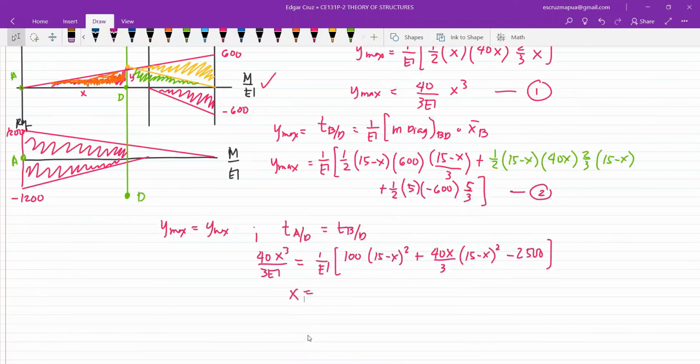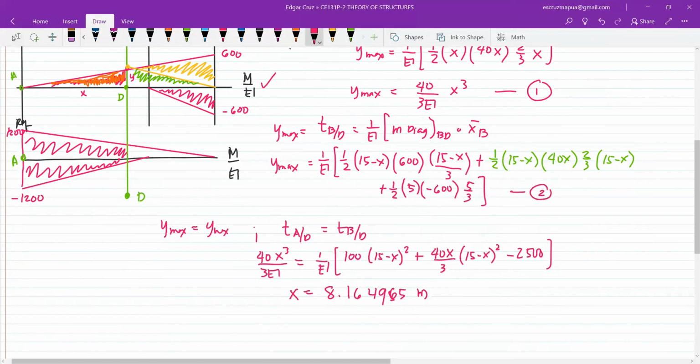Solving for x, the answer is 8.164965 meters from the left support. That is the most important result. It is proven that it is not at midspan, since midspan is 7.5, so it is to the right side of midspan.